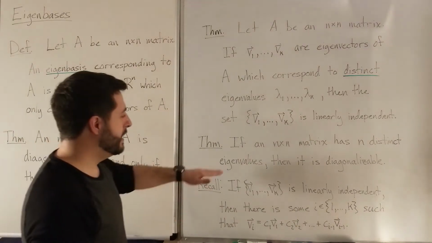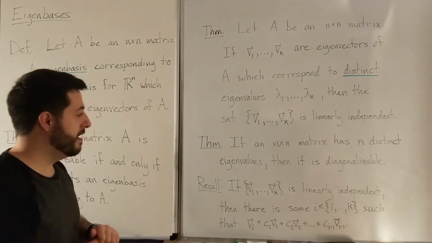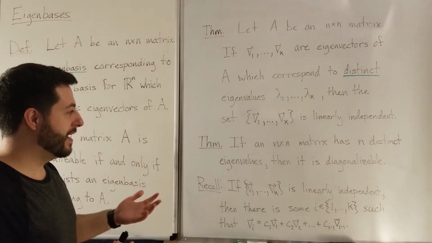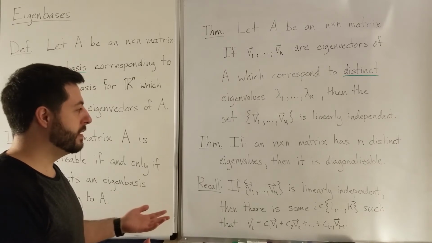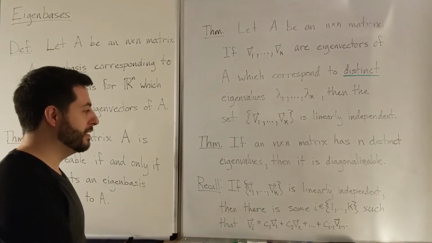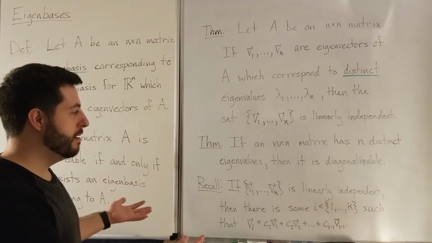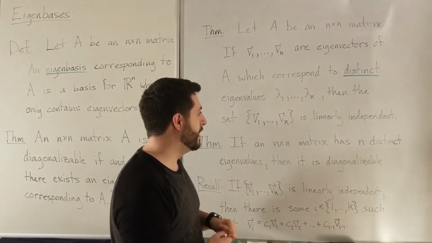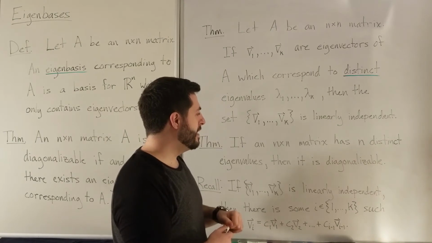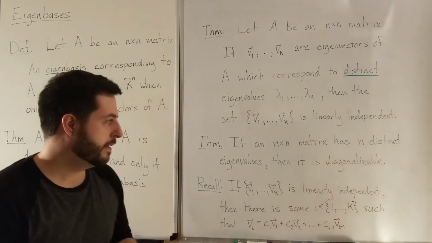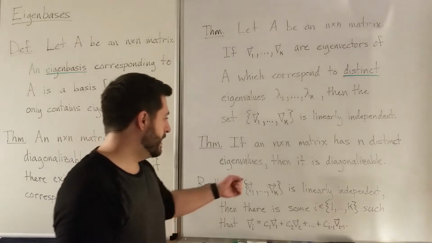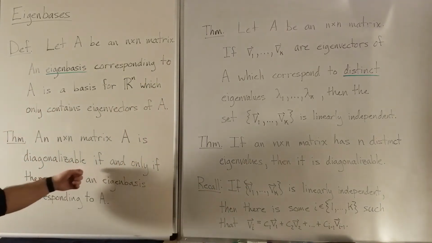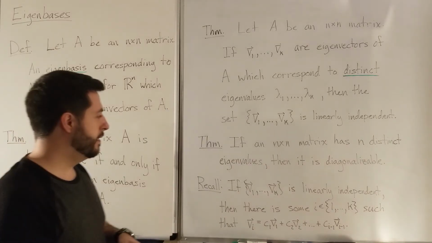So that leads immediately to this theorem right here. If an n by n matrix has n distinct eigenvalues, each of those is going to correspond to its own eigenvector, and then we have n of them. They're all linearly independent because all of their corresponding eigenvalues are distinct, and therefore they form a basis. And a basis of eigenvectors is exactly what we need to say that A is diagonalizable.